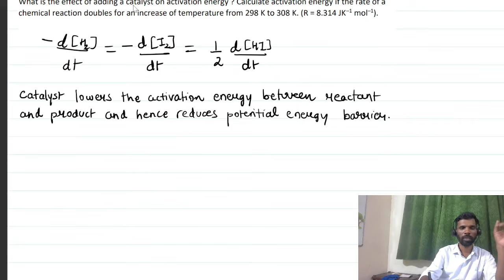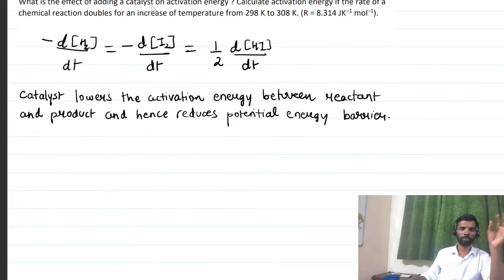For this, there is an equation which tells about the dependency of the rate constant on temperature. Rate constant is going to vary with increase in temperature. Otherwise, the rate constant doesn't vary at a constant temperature, right?